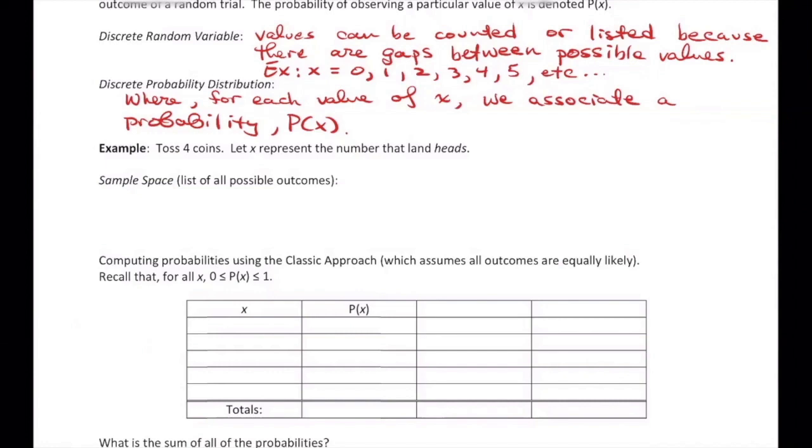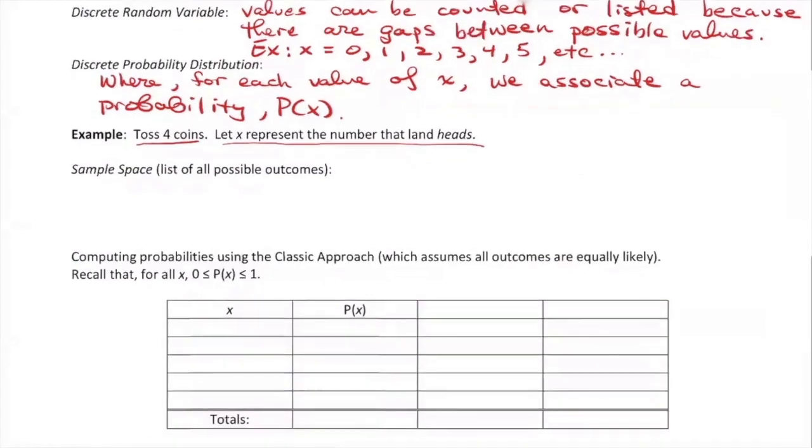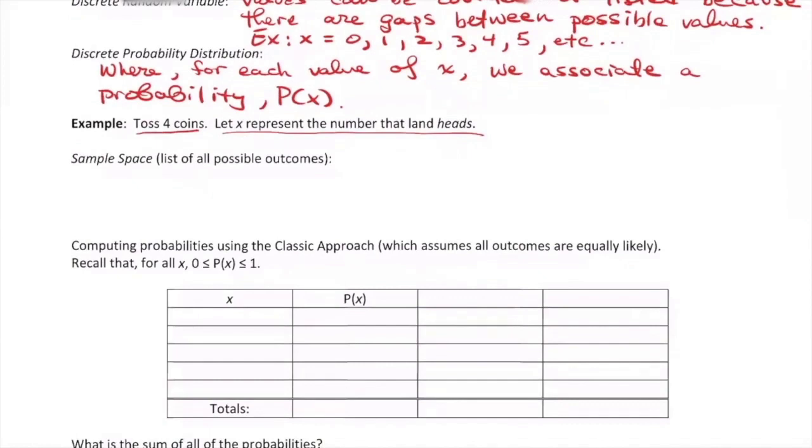So the example: when you toss 4 coins, we're going to let X represent the number of coins that land heads. Now remember, a sample space is just a list of all the outcomes. So let's see here. You could get 0 heads, so that would be 4 tails. Okay.